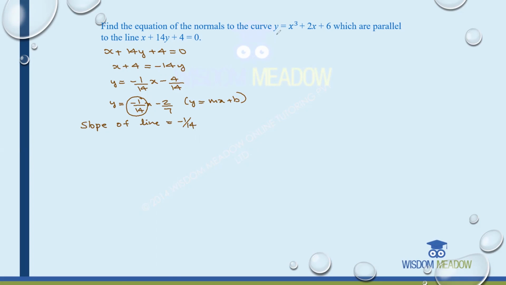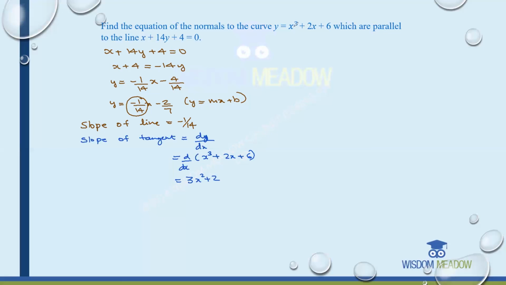So let's find the slope of the normal, but before that we'll have to find the slope of the tangent. The slope of tangent is dy by dx, that is d by dx of the curve, x cubed plus 2x plus 6, which is 3x square plus 2.